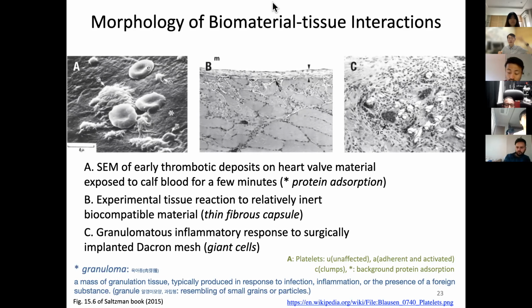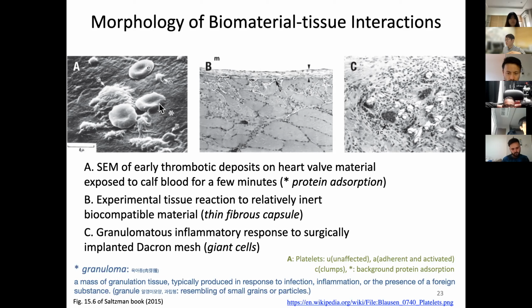We exposed a heart valve to calf blood for just a few minutes, to see what happens in only a few minutes. And then we look at the surface of this biomaterial, and we see the surface is undulated. It's not like the original flat surface, which indicates protein absorption happened.